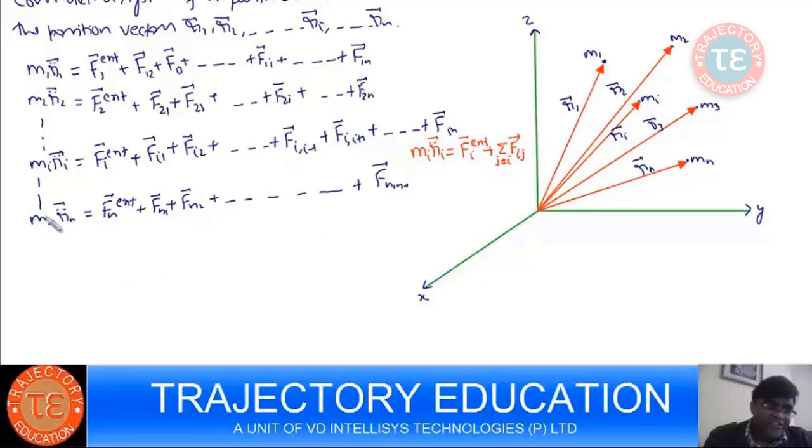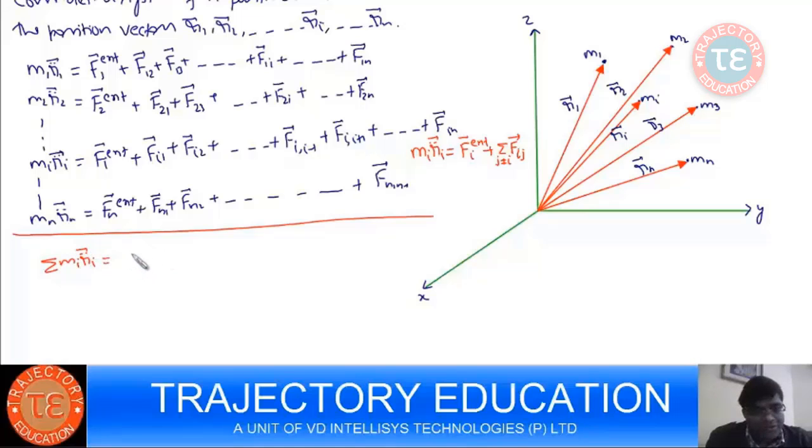Okay, if I sum all these equations, what I'll get is sigma mi ri double dot equals to sigma Fi ext plus sigma Fij, with j not equal to i. i and j are going to vary from 1 to n except j equal to i. So what are these forces?